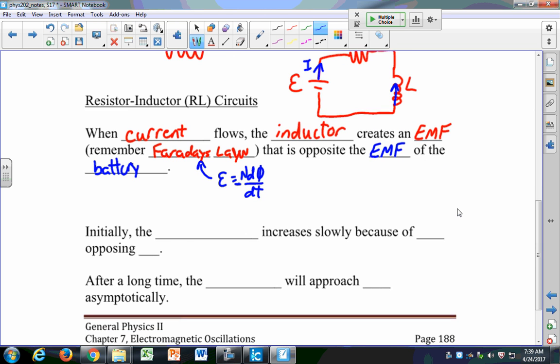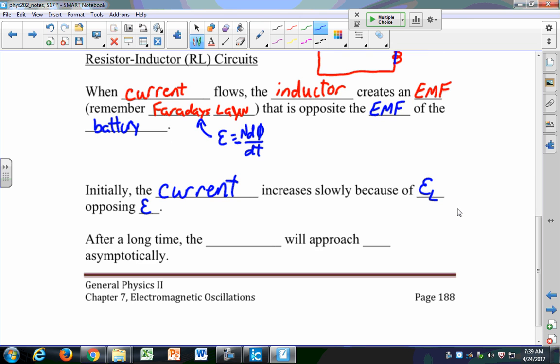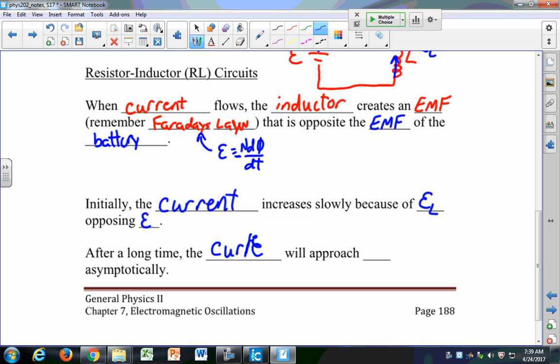Initially the current rises slowly because of the EMF of the inductor, which opposes the EMF of the battery. But after a long time, the current will approach E over R asymptotically.